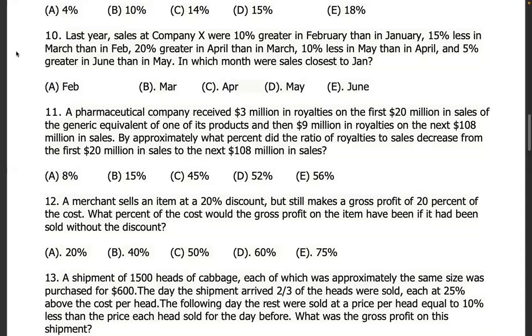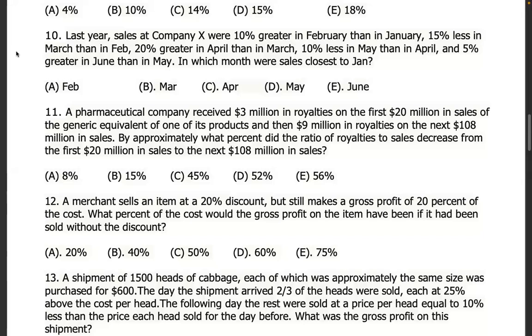Assume mark price is 100 rupees. Okay. So there is discount of 20%. It means 80 rupees. He sells for 80 rupees, right? But it makes gross profit of 20% of the cost price. It means selling price is how much? 1.2 of cost, 120 of cost price. Right? 1.2 of cost price.